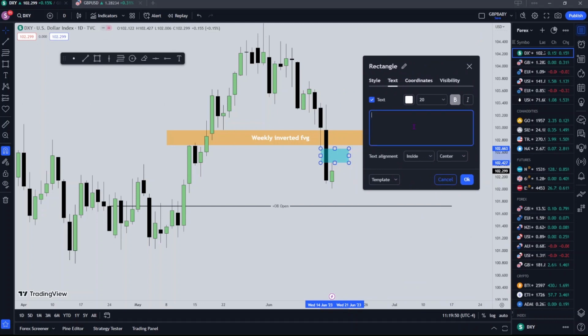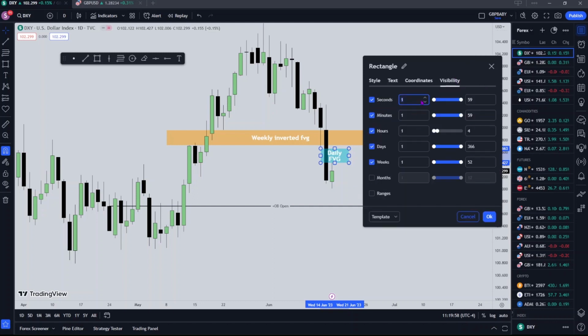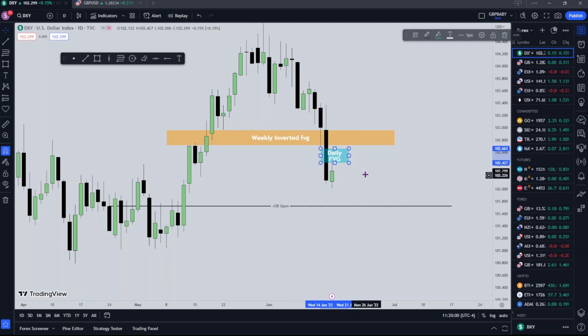So this is a daily fair value gap, and I'll make sure that's only visible on the daily and below. And then we've also got this bearish order block here, so I'm going to mark this out and drag it right through and make it layer below that actually.